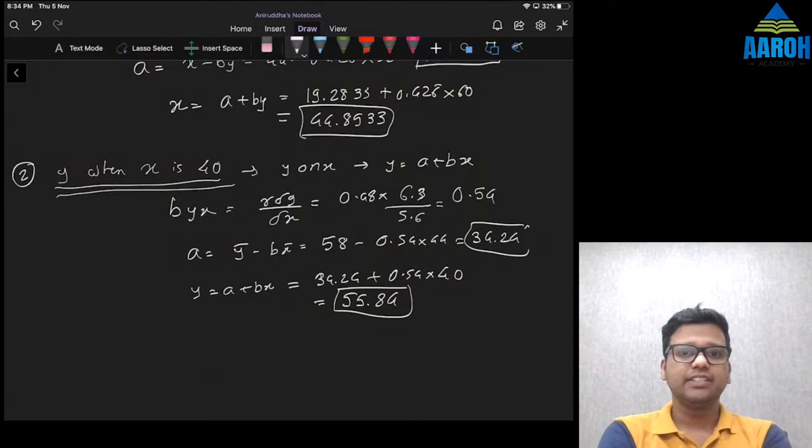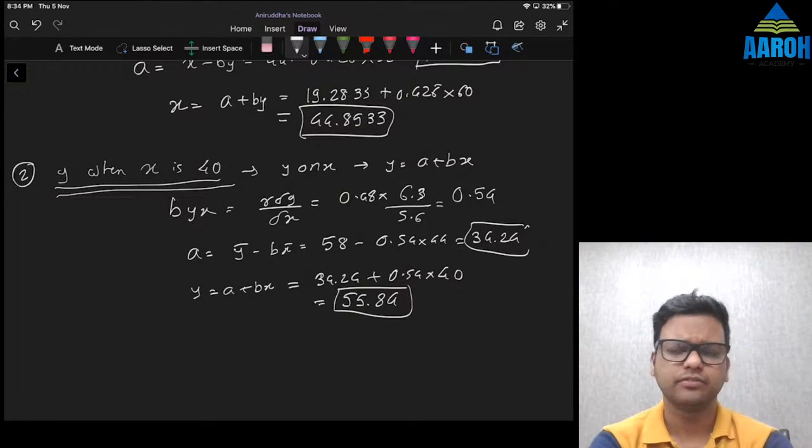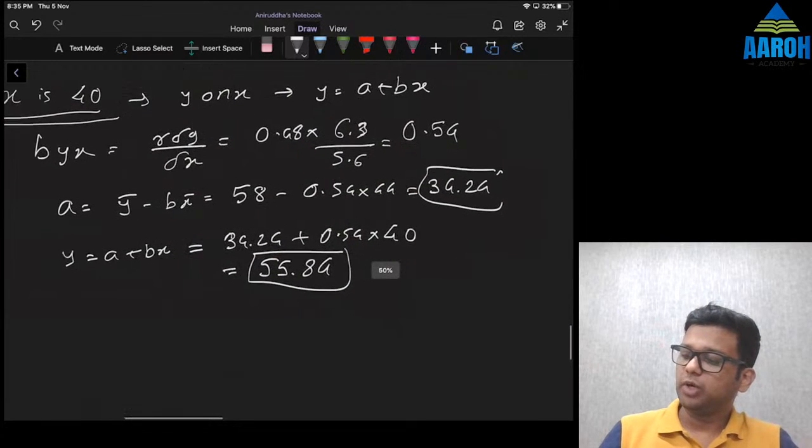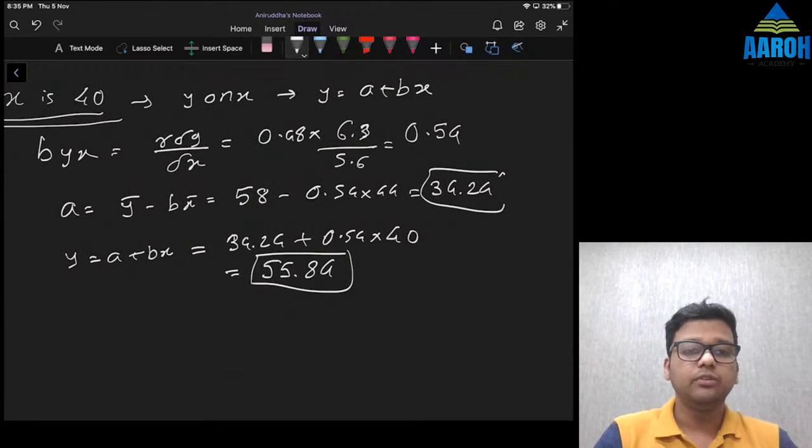If everyone has got this, then we'll proceed to last 2-3 properties. Correct, Vishwajit? No, check steps. Those who have not got it, check each value, B, A and final answer.